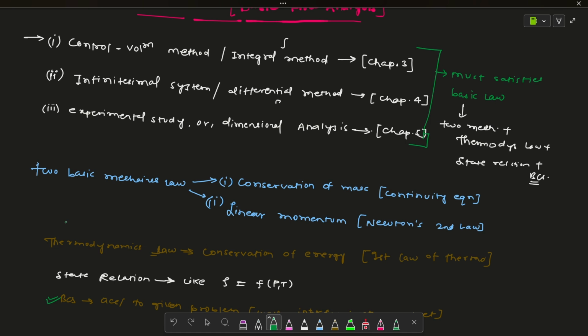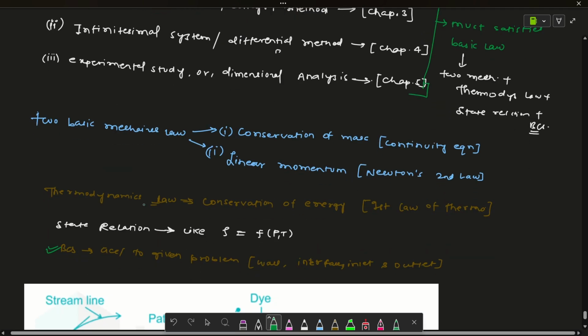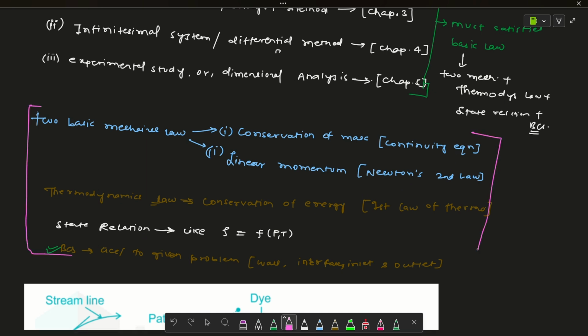These laws are fundamental to physics, and no fluid is known to violate them. These are very fundamental laws, so every fluid should satisfy them.